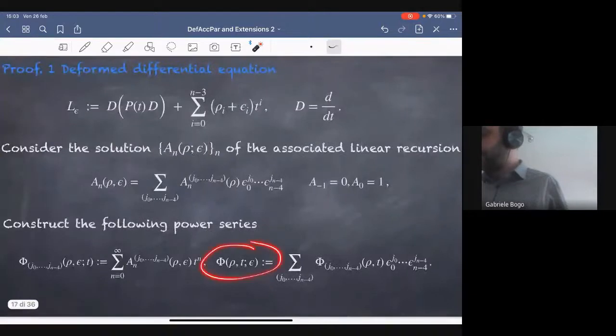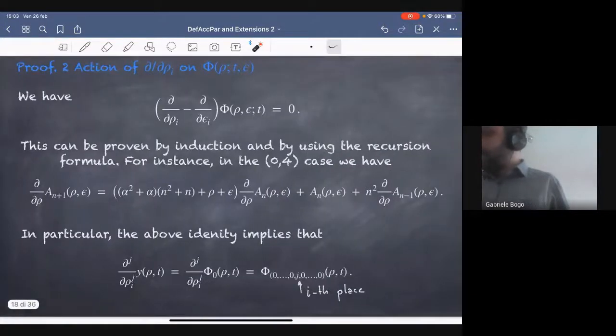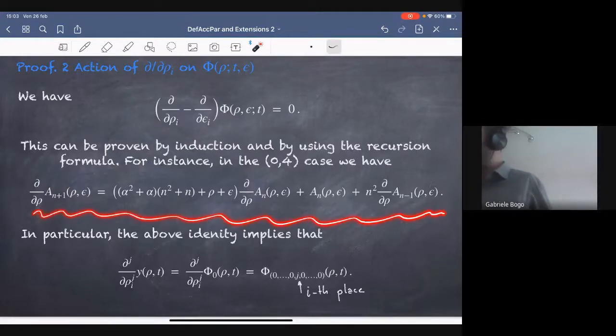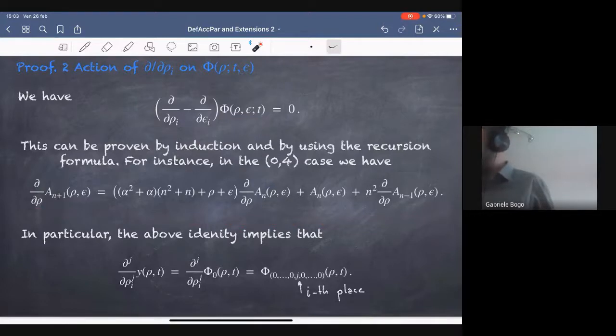This one is what we are using now. It depends on rho and on epsilon, and the derivative with respect to rho I is the same as the derivative with respect to epsilon I. The proof of this fact is simple: it just depends on the fact that in the linear recursion that you use to define the coefficients, rho and epsilon play the same role. This is an important consequence for us.